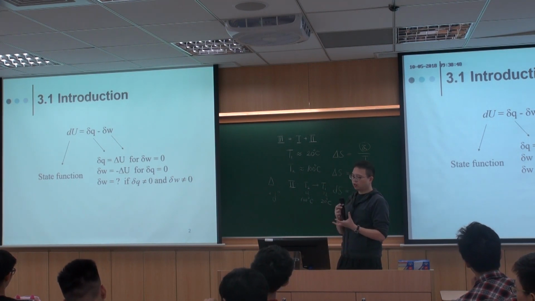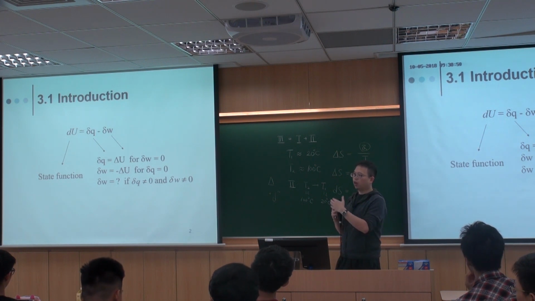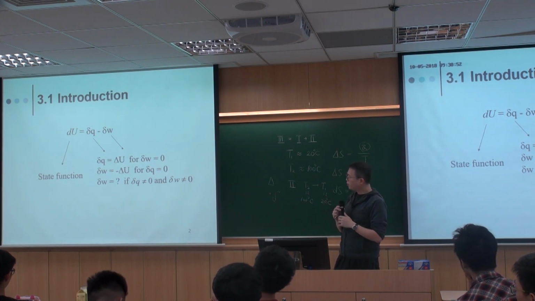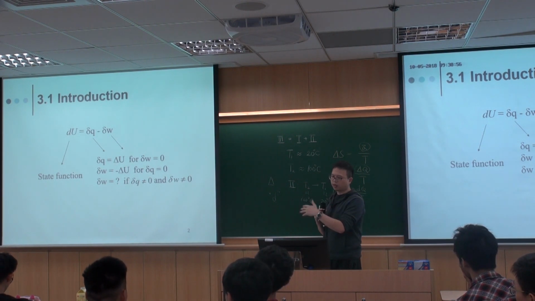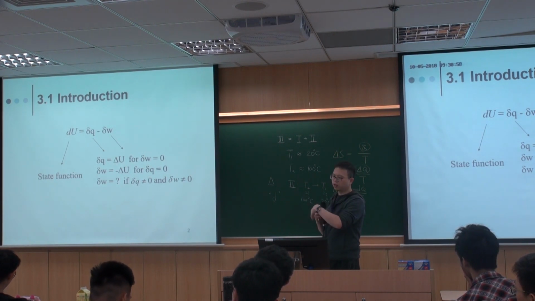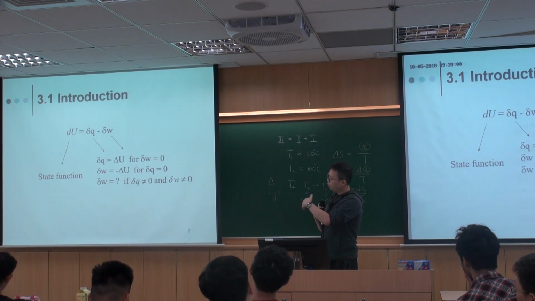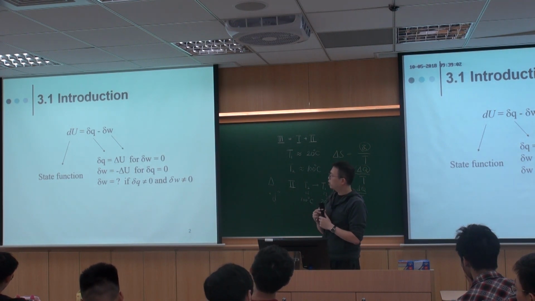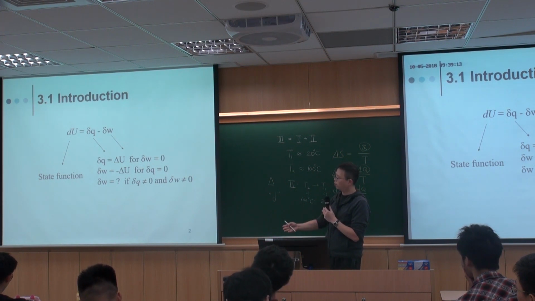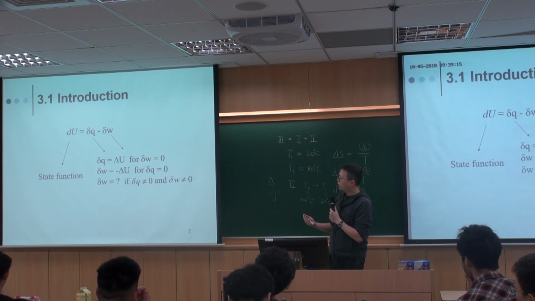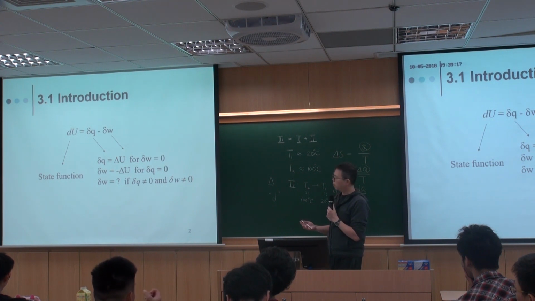So imagine a system is changing from state A to state B, and it can do a certain amount of work. If this process from state A to state B is going through this path reversibly, then the work can be done in a maximum way. However, if going through this process you have some friction and some irreversibility, then the work is not at its maximum.